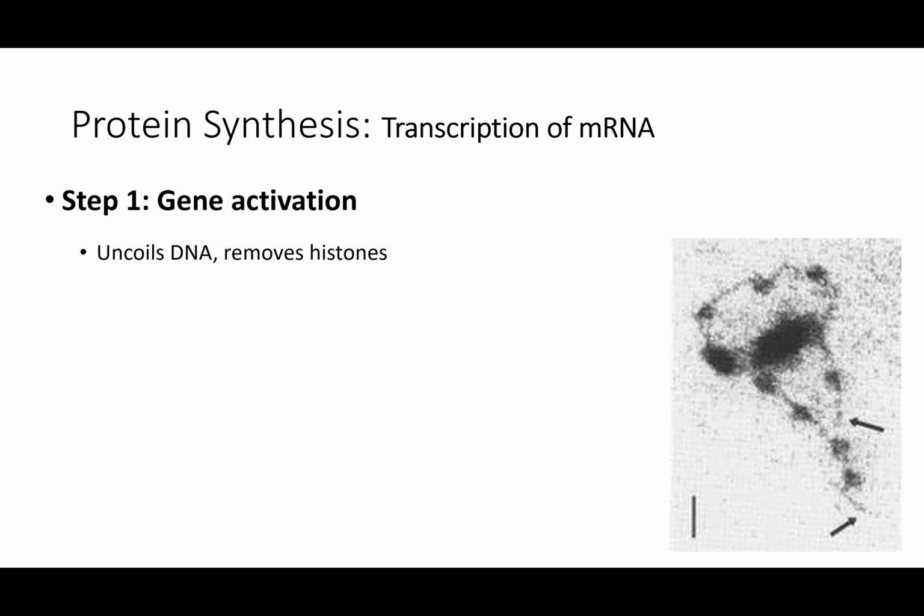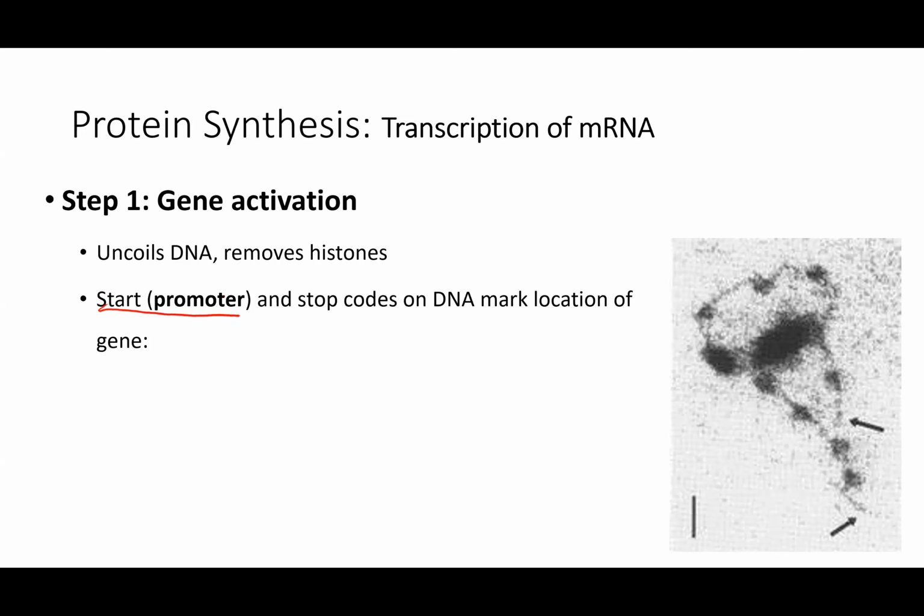And you have a start and stop code for each gene, where a promoter would be the start code. And so those mark the location of the gene. And between the start and the stop code is the coding strand of the DNA that codes for that particular protein.